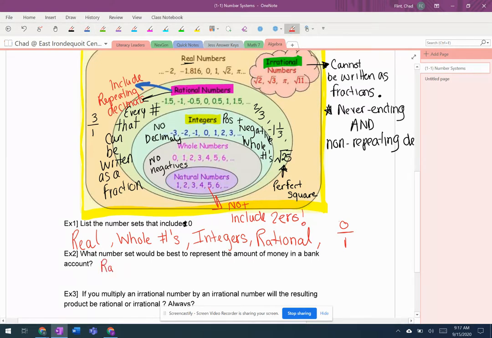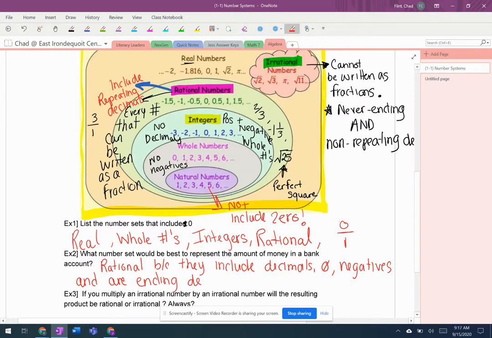So I'm going to say rational, because they include decimals, zeros, negatives, and that's really it.